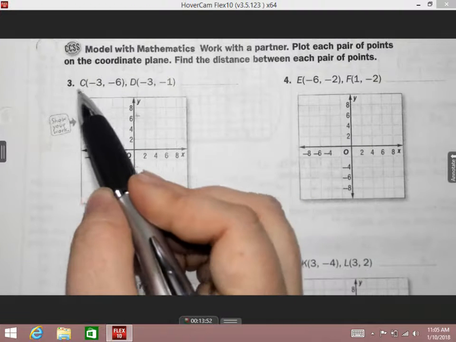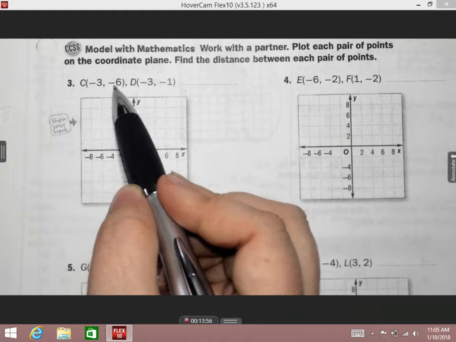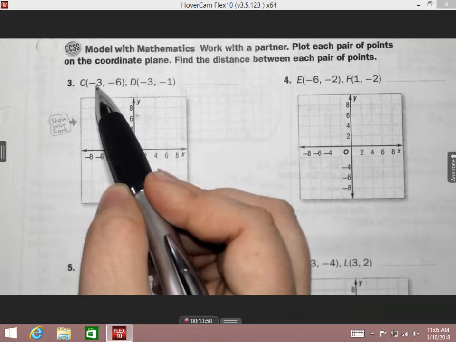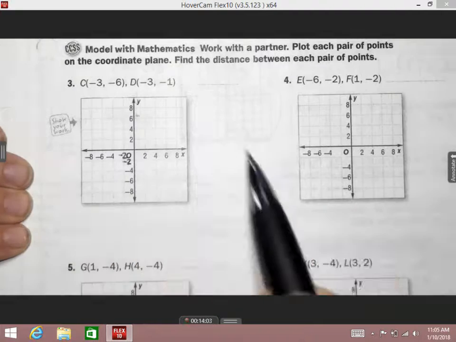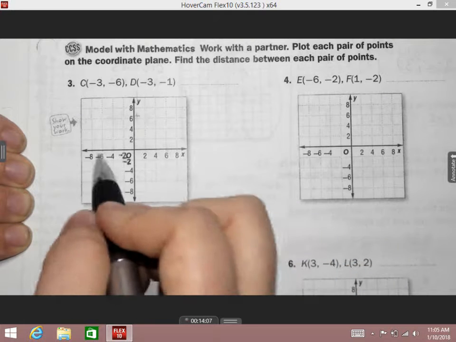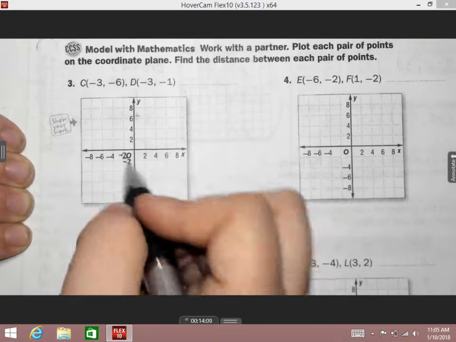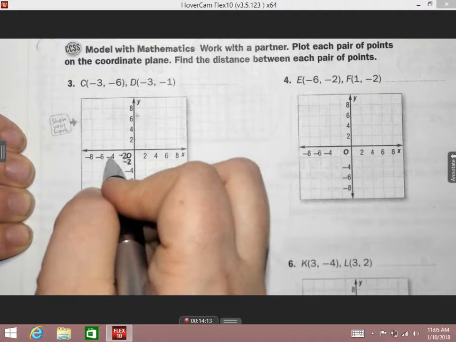All right? Letter C, when we graph that point, it should be at negative 3, comma, negative 6. The negative 3 is on which line? Alex? Well, it wouldn't be on a line. It'd be in the middle of 4 and 2. Very good. So when I'm looking for negative 3 on the X, because it's first, it should be between negative 4 and negative 2. Now, does that have a place for it?